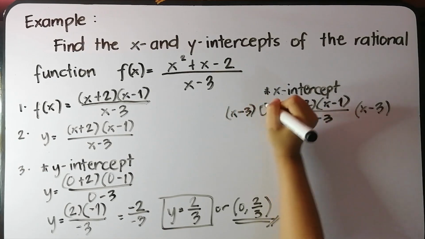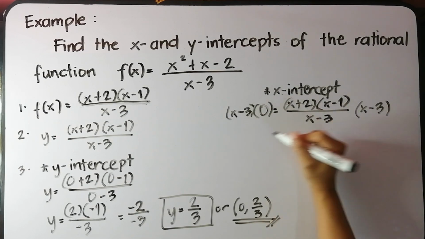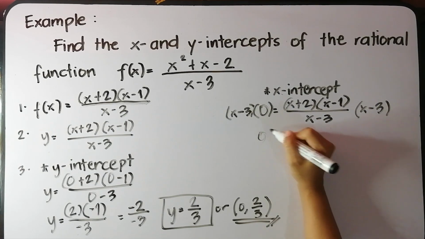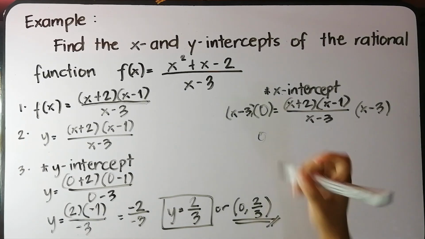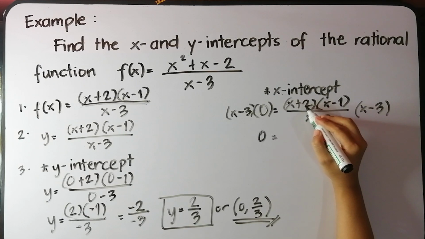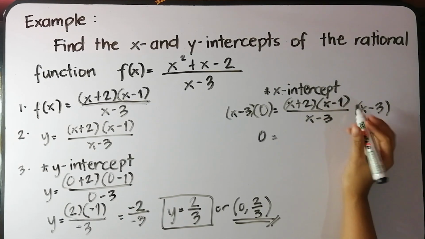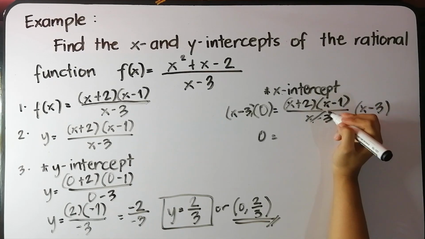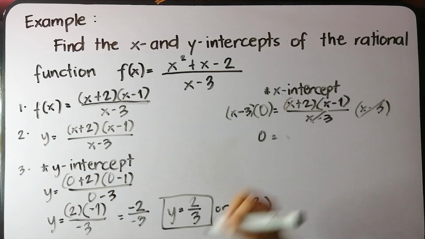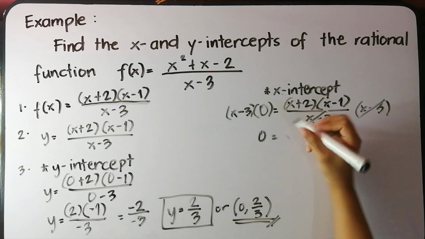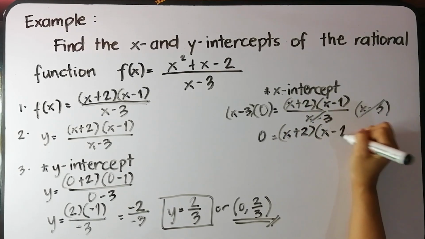On the left side, x minus 3 times 0 equals 0. On the right side, we have (x plus 2)(x minus 1)(x minus 3) over (x minus 3). The common factor x minus 3 cancels, leaving (x plus 2)(x minus 1).